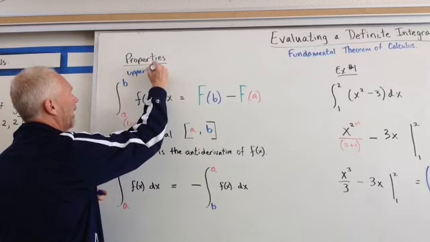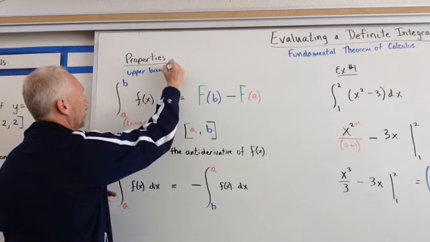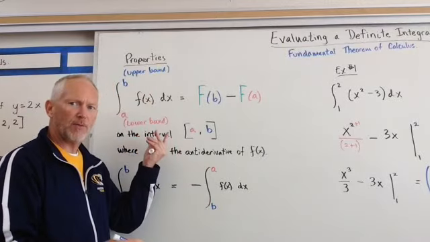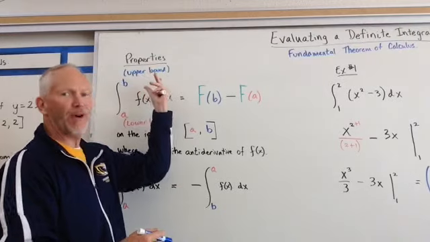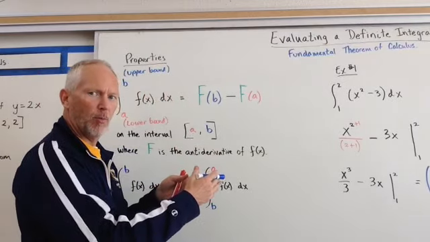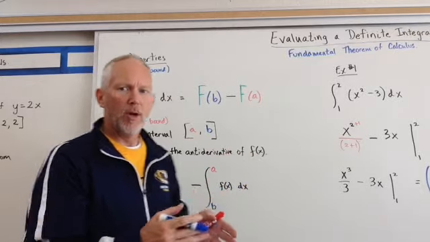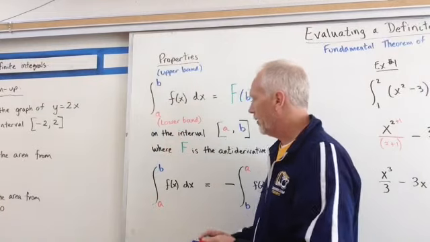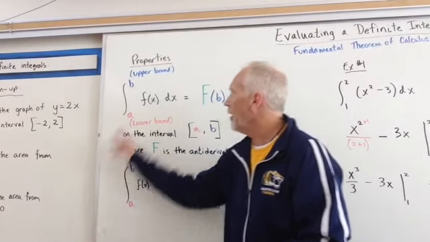Those are your boundaries, the x values, like 2 up to 5 maybe. Just like x sub 1, x sub 2, in numerical order, low to high. So we have an upper bound and a lower bound.